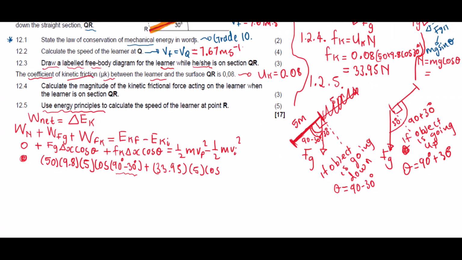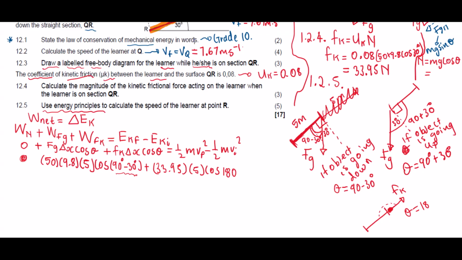However, for friction, theta is going to be 180 because the object is going down and the frictional force is going up, opposing the motion. You can agree with me that for friction the angle is always 180 degrees.